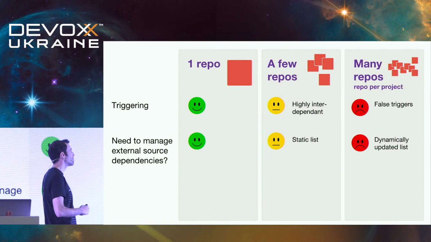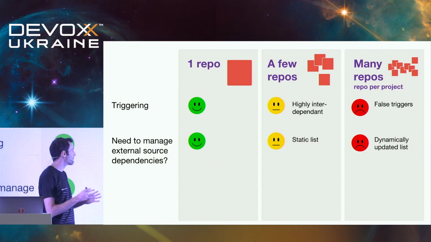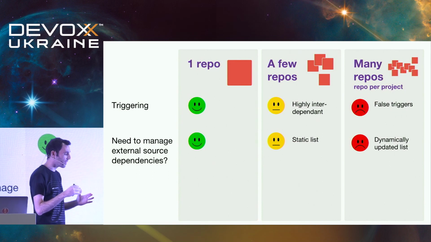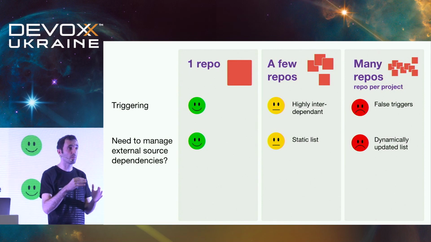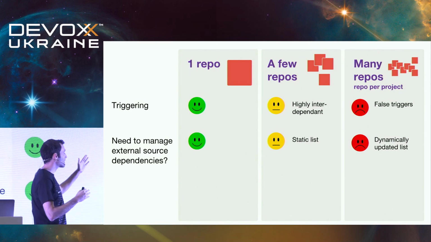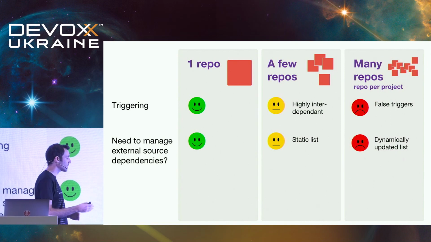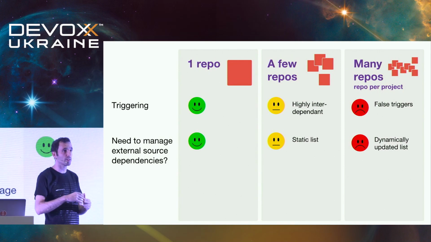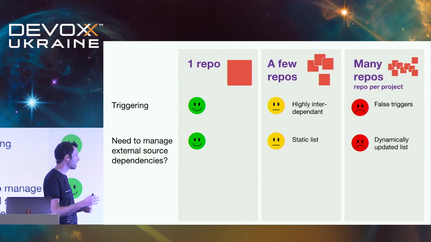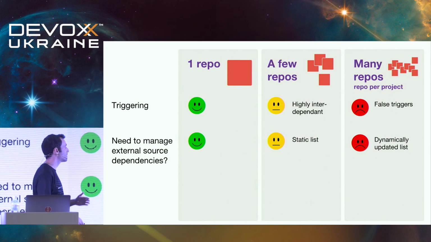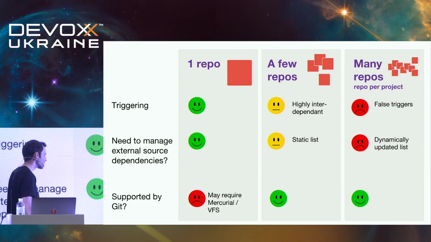So that can be a performance issue. On the other hand, if you only have a few repositories, then you can have a static list of all of the repositories, let's say that each repository represents some big domain. And that way you have fewer clones and you can just download the repo as an HTTP archive file, so it's faster. And you'll get better performance here and less complexity.